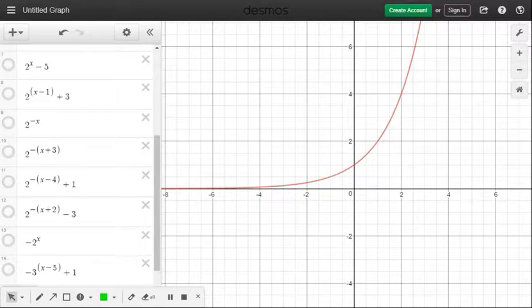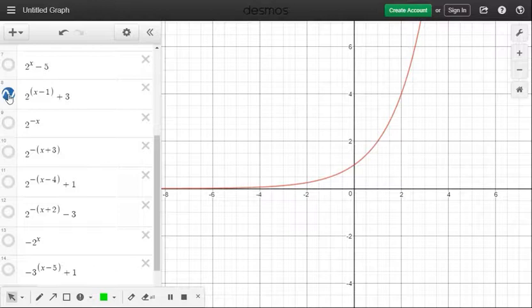If it's after the x outside, then it's going to be either up or down. Since it's x minus 1, if we compare with the previous example, it means to the right. And in here, if it's outside the function after the x, since it's plus, it means up.